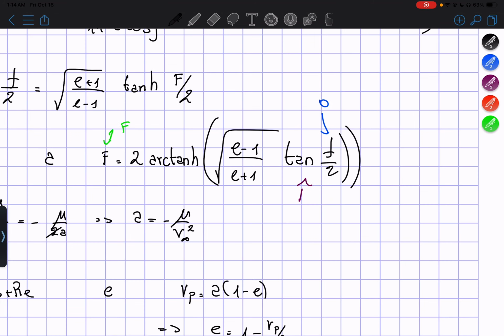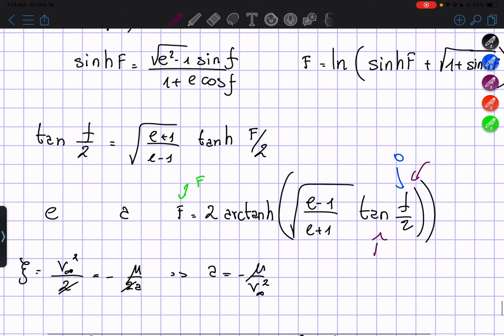And then we have our second F. Our second F is going to be the F final that we just calculated. So capital F is going to be 2 times arctanh of the square root of E minus 1 divided by E plus 1, times the tangent of F final divided by 2.